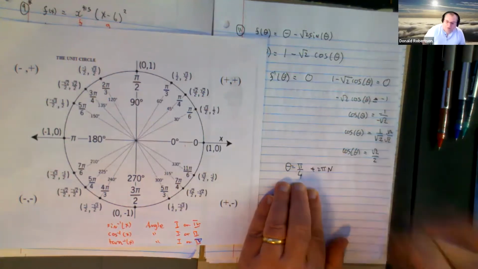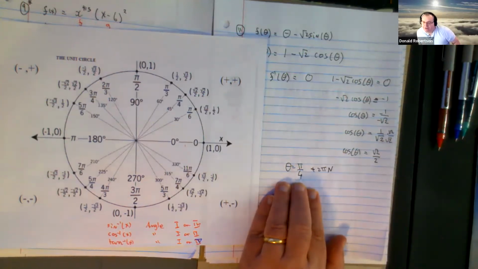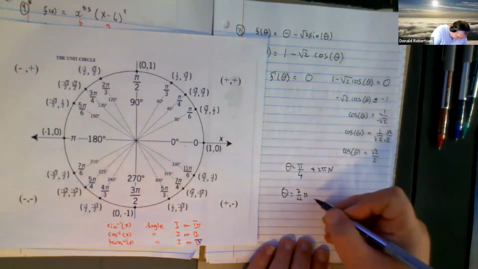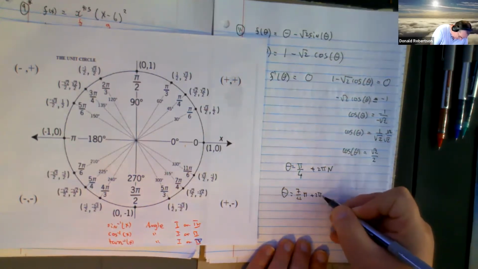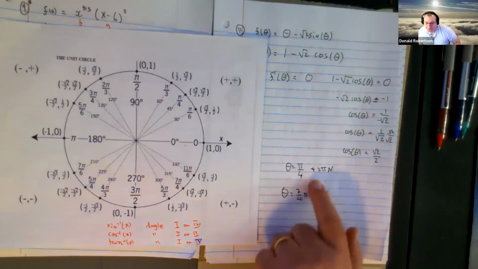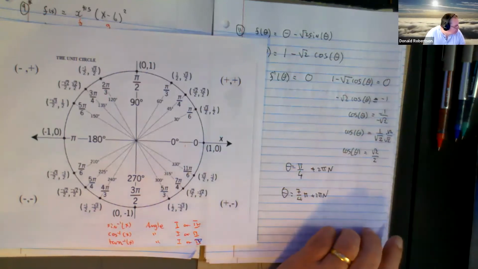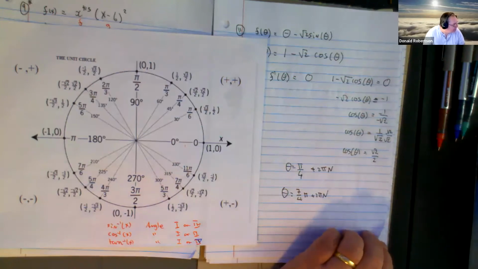So that's how you represent every single value of theta in the universe, because the sine function and the cosine function repeat themselves forever. And that's the two answers: 2 pi n and 2 pi n, right? That means you go around the circle once and end up at the same place, round it twice, end up at the same place. Right. And that's a little idiosyncrasy for that one.